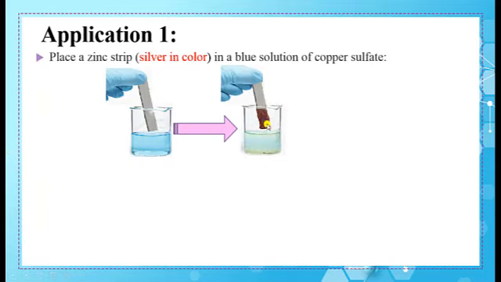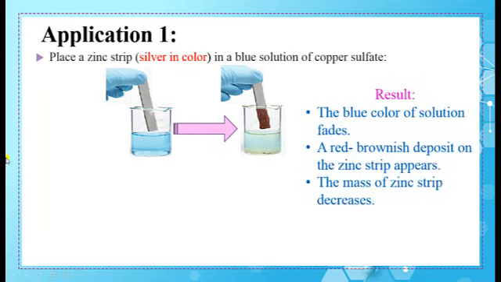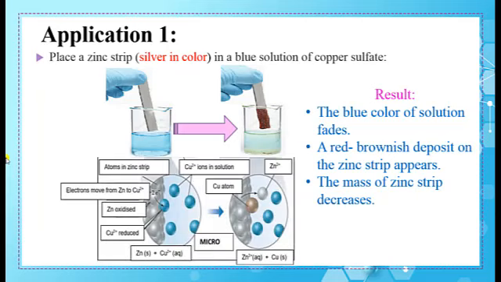Look, what can we observe? Here there is a brown deposit on the zinc strip, and the color of the solution fades. The result: the blue color of the solution fades, as I said now, and the red brownish deposit on the zinc strip appears. The mass of the zinc strip decreases.